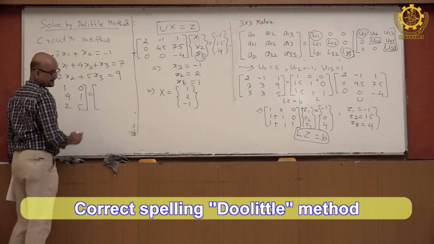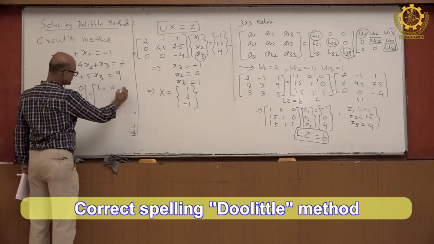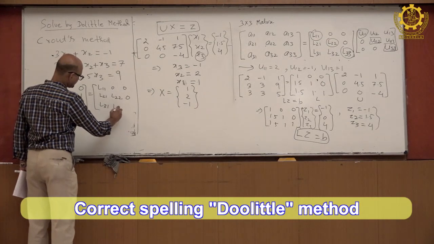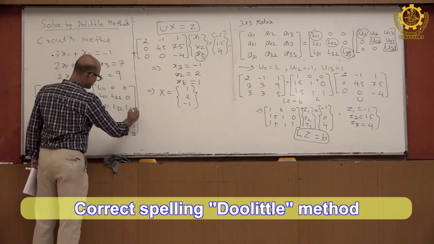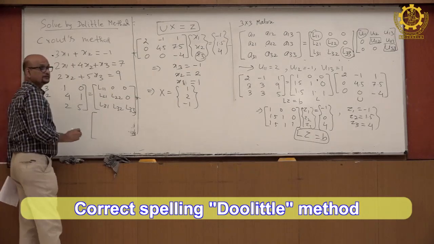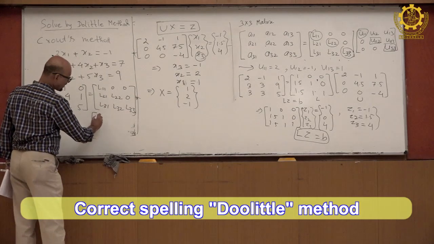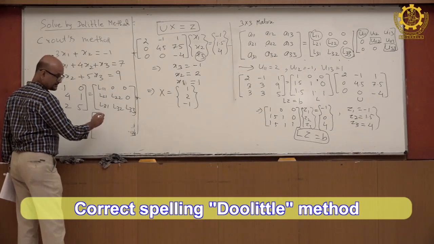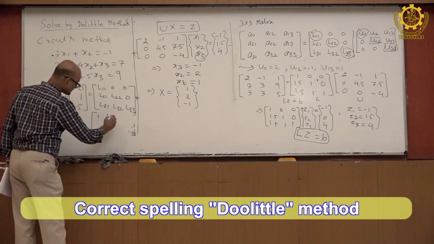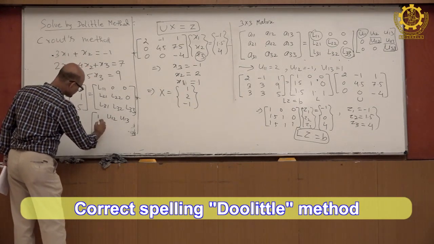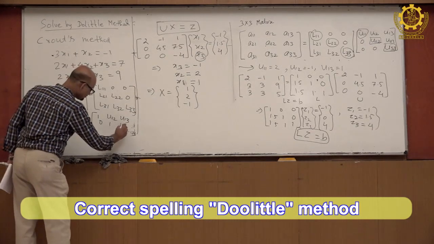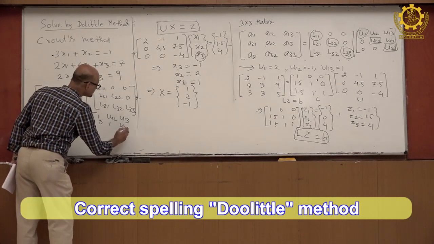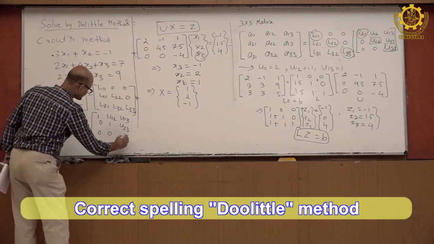This is your A. L will be L11, 0, 0, L21, L22, 0, L31, L32, L33, and into U. U I have as 1, U12, U13, 0, 1, U23, and 0, 0, 1.